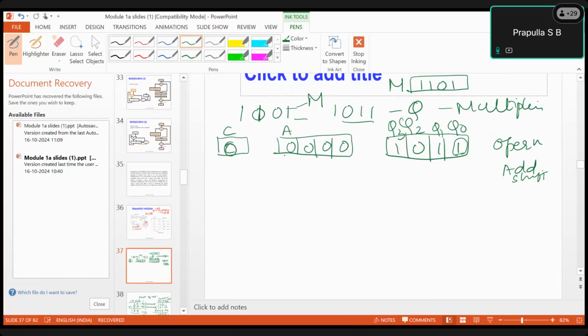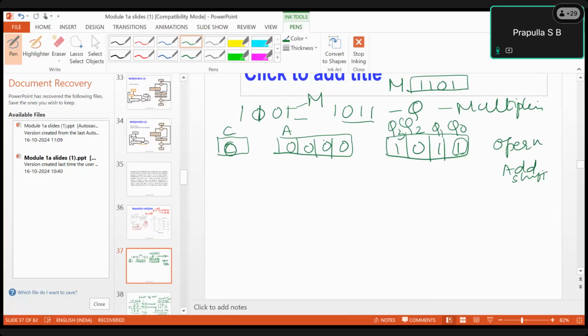So now we will perform this add and shift. What is your multiplicand?